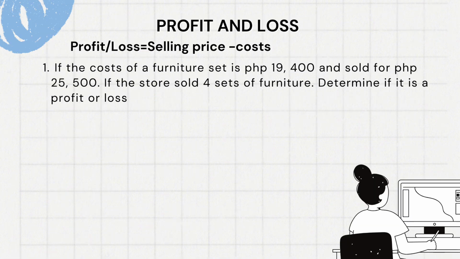So now, here is example number 1. If the cost of a furniture set is 19,400 and sold for 25,500, if the store sold 4 sets of furniture, determine if it is a profit or loss.